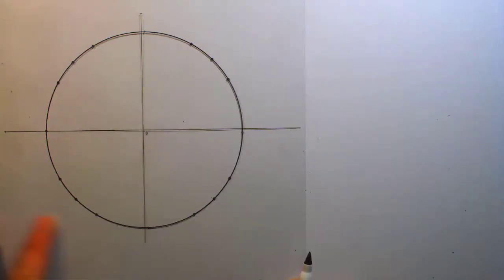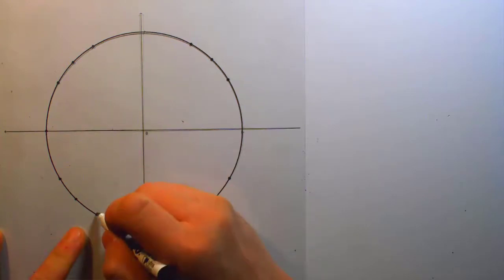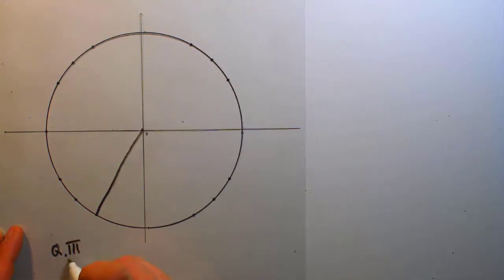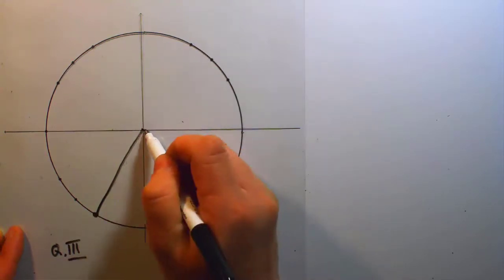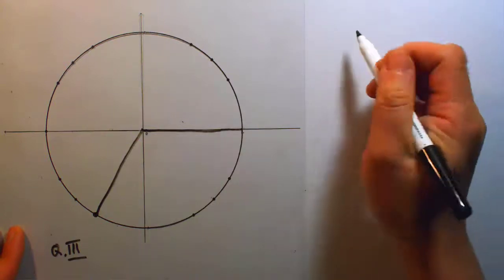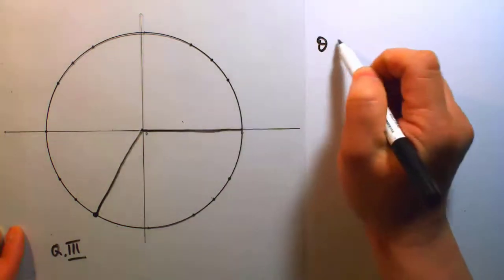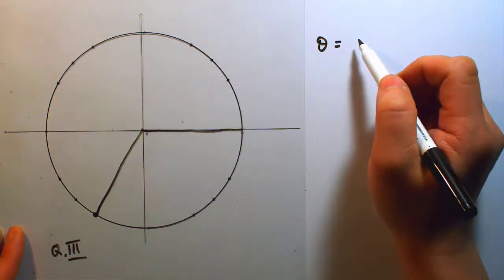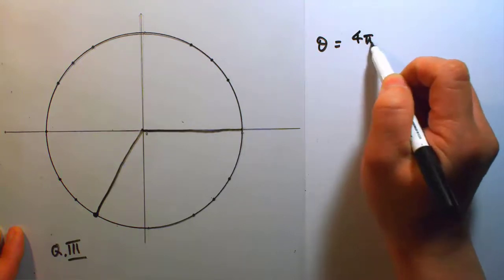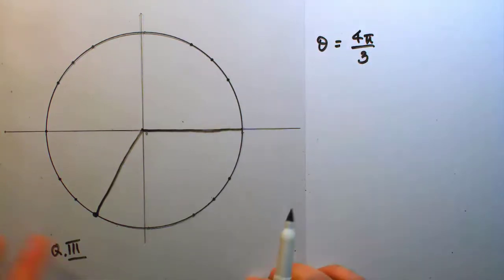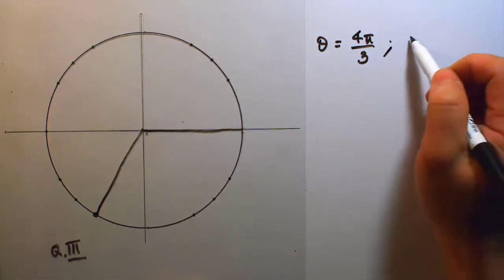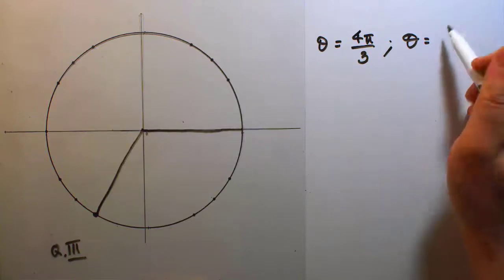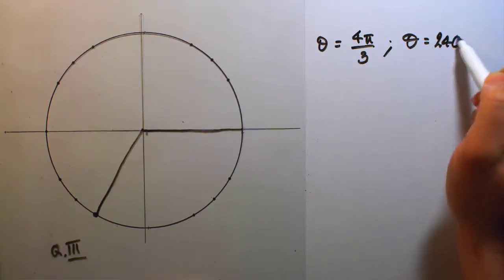Alright, now when we get to this angle here in quadrant 3, the angle itself in radians is 4 pi over 3, or thinking in terms of degrees, this is the 240 degrees angle.